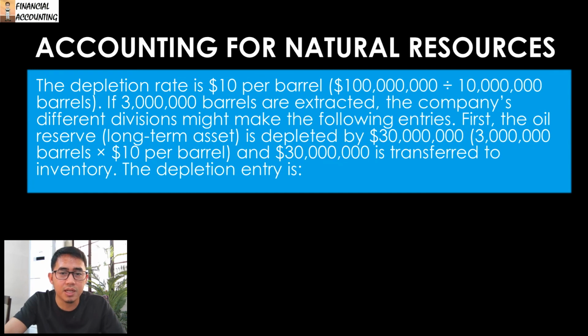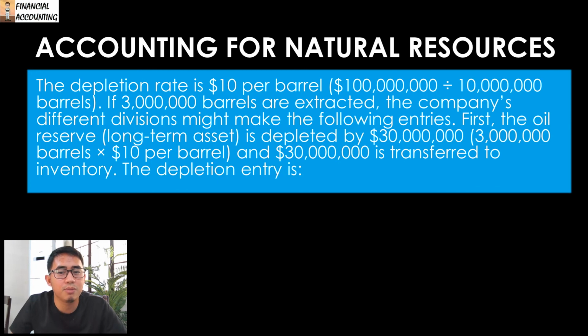So the depletion rate is $10 per barrel. That's the cost, 100 million, divided by 10 million barrels. So depletion is actually similar to the units of production method. So in this case, if the depletion rate is $10 per barrel, and in the first year 3 million barrels are extracted, okay?